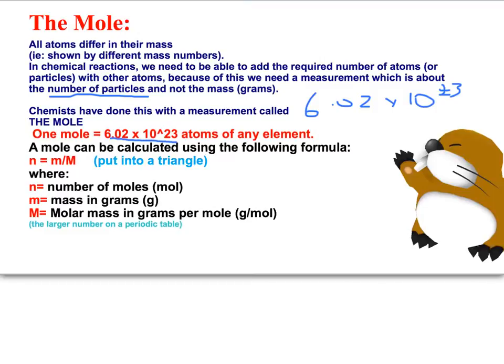Another word for this number is Avogadro's number. I call it avocado's number. You don't need to remember that amount and that name, but you do need to know that a mole is all about a measurement of how many particles there are.